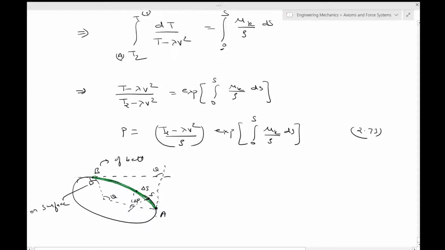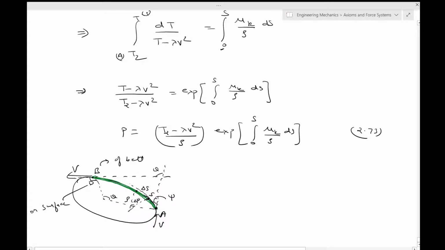I'm not showing the tangent at S, this angle will also be psi, and similarly the angle formed by delta S will be delta psi. Rho is the radius of curvature. Now the speed of the belt at A is v, and the speed at B is also v in this direction. Again, it's tangential at both times.